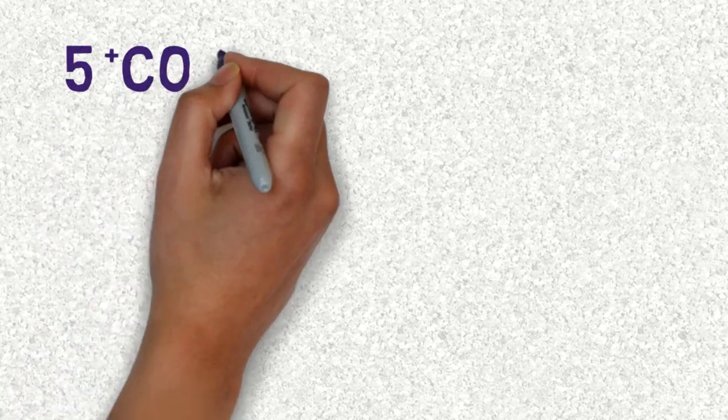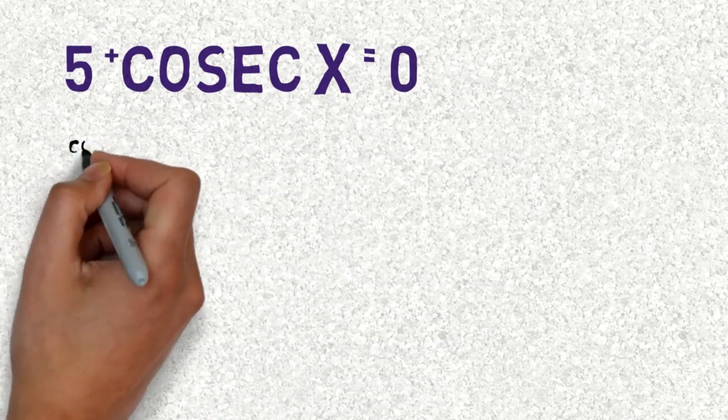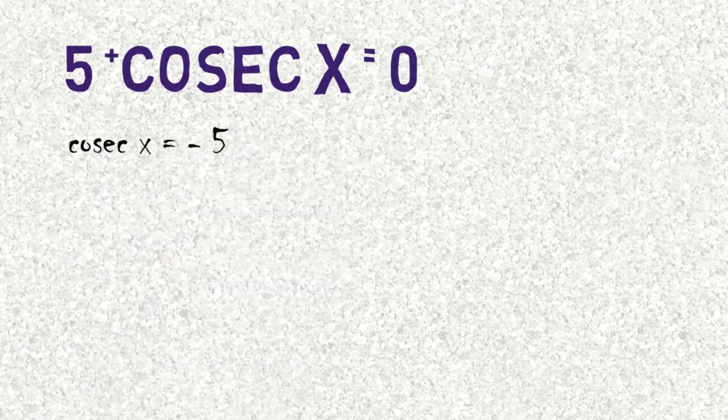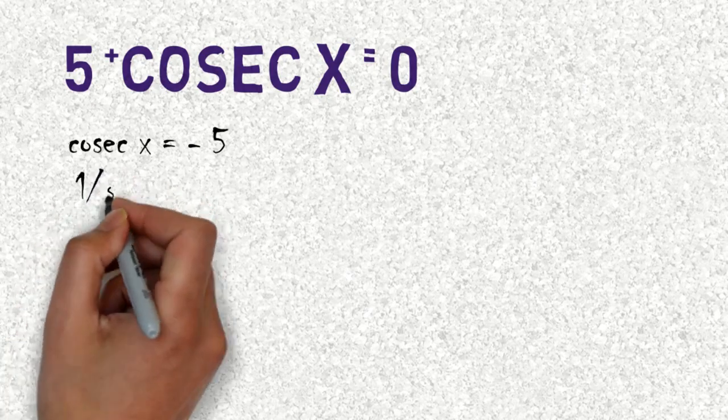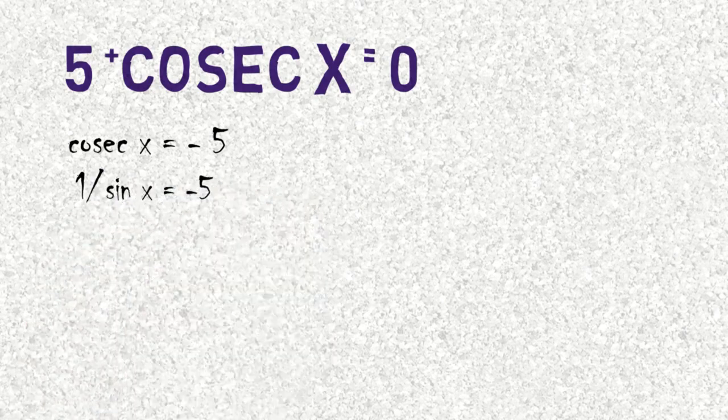5 plus cosec x is equal to 0. Now the 5 can go to the other side, which will give us cosec x is equal to minus 5. So cosec x can be written as 1 by sine x is equal to minus 5.